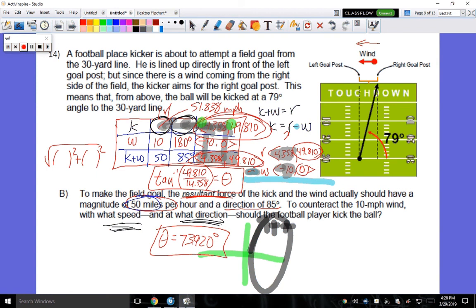Okay? So we're going to say the player should kick the ball at an angle. So let's write it out.